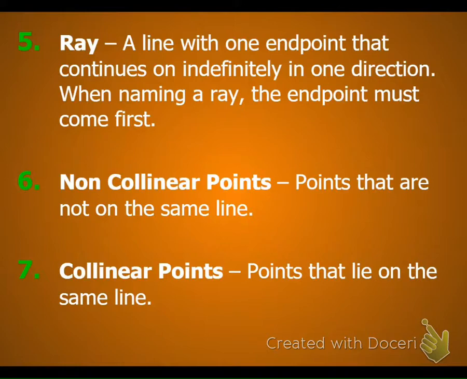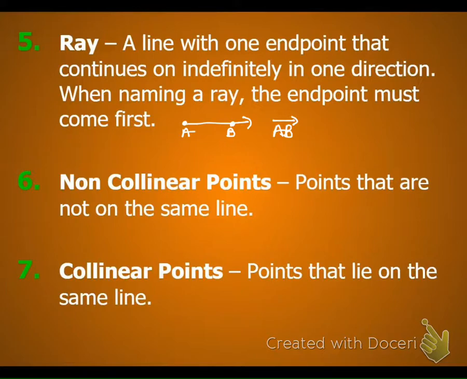That endpoint always comes first. So if we had a ray, I'm going to draw a little example here, and it was ray AB. We would name that AB with the endpoint, no arrow on the far side, arrow on the side that it continues towards.